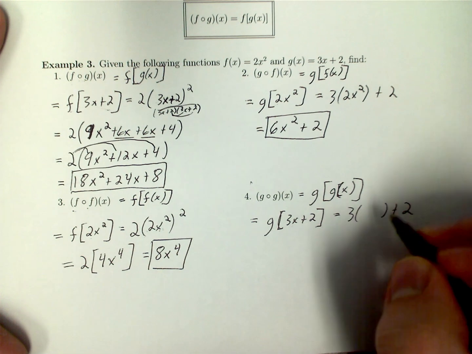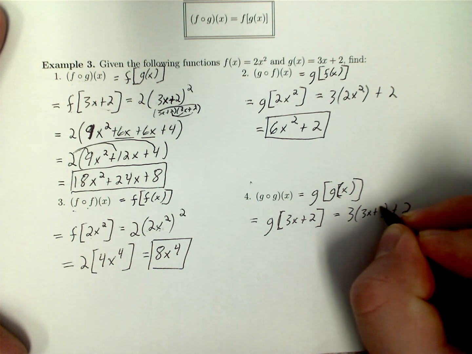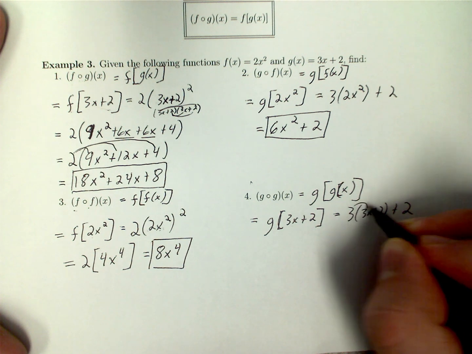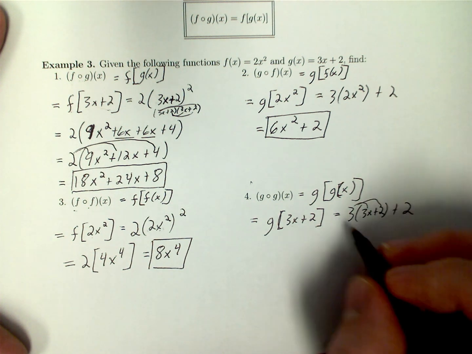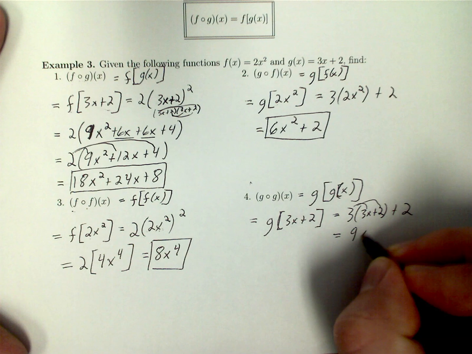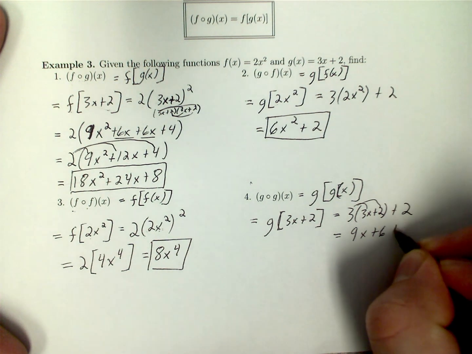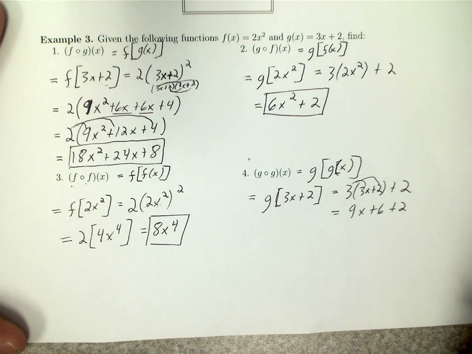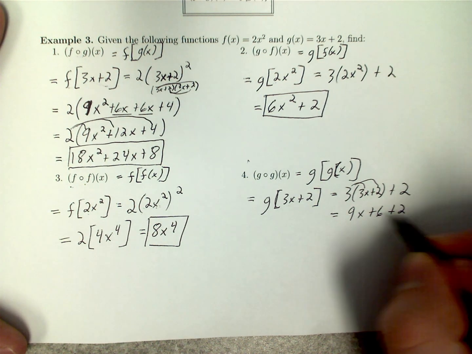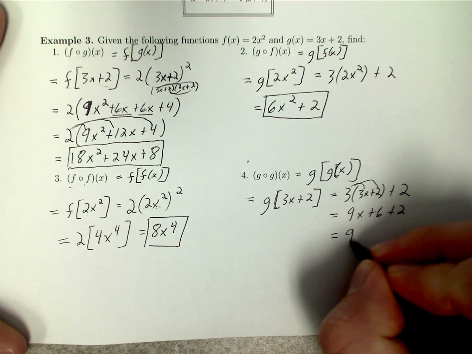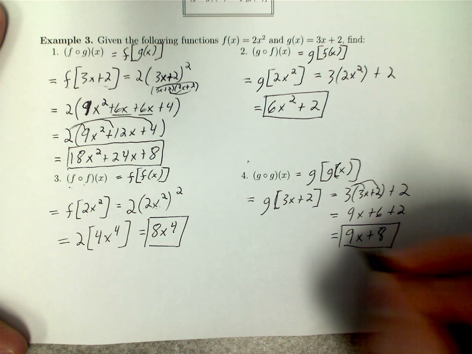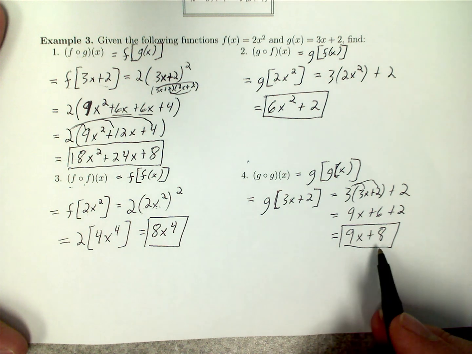Plugging in 3x plus 2 into here. And then we distribute. So we start simplifying. So again, no exponents, so we can start doing this. 9x plus 6 plus 2. So then 6 plus 2 is 8. So 9x plus 8. So g of g of x is equal to 9x plus 8.